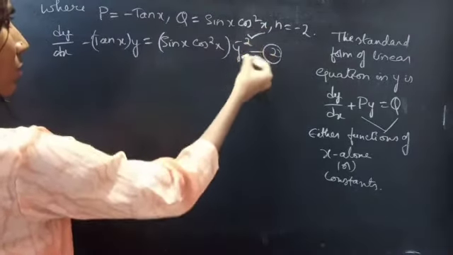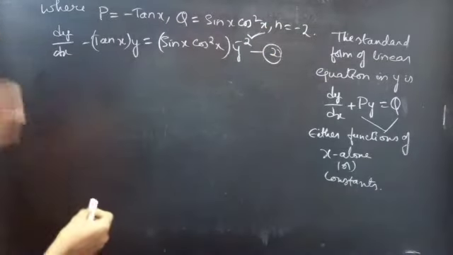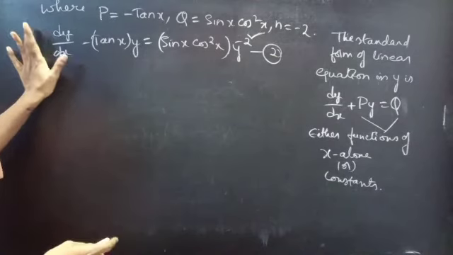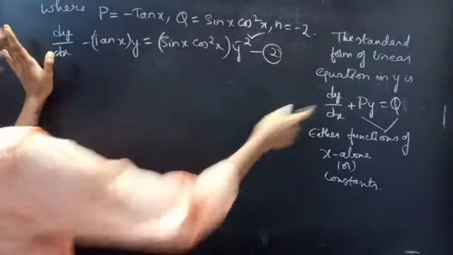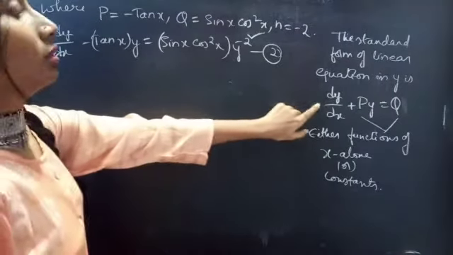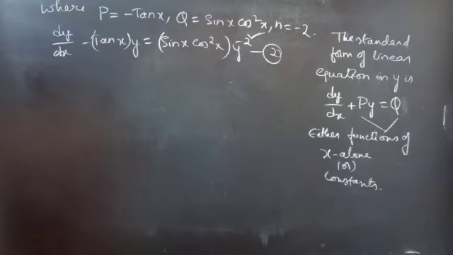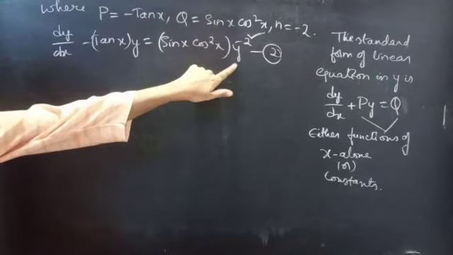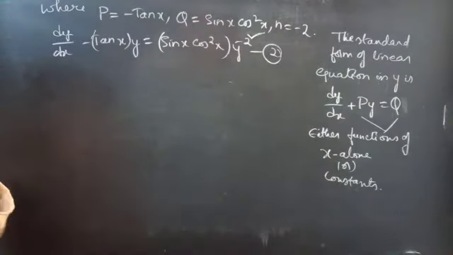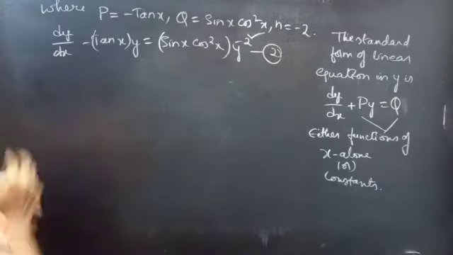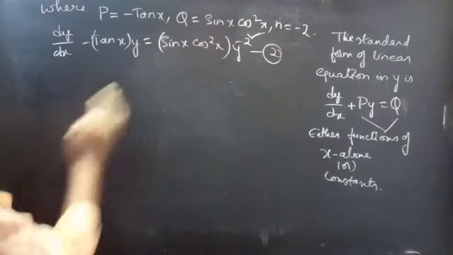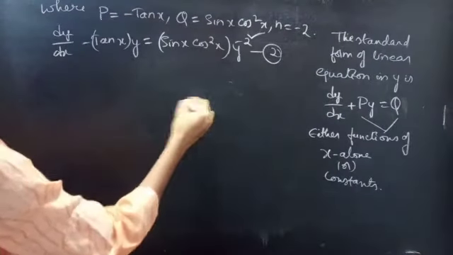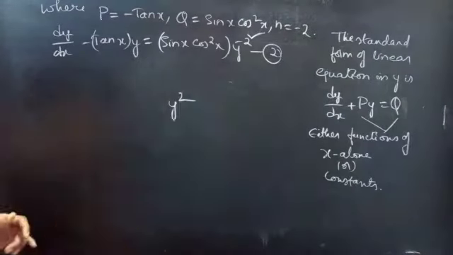If we can eliminate this function from this Bernoulli's equation, then the equation can be reduced to the linear equation in y. So now we are going to eliminate y power minus 2 from this equation. How can we eliminate y power minus 2? Simply by dividing on both sides with y power minus 2, or by multiplying on both sides with y square.